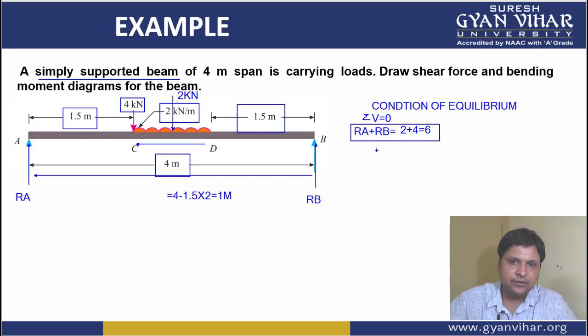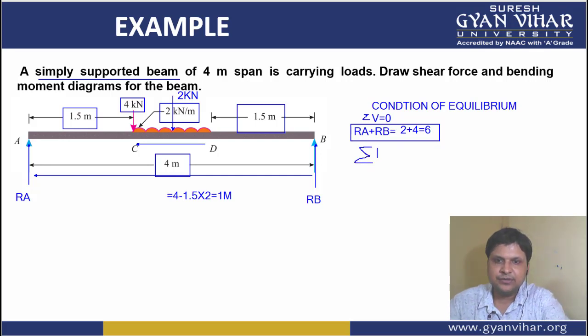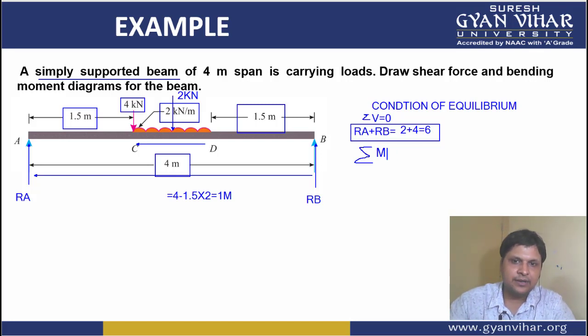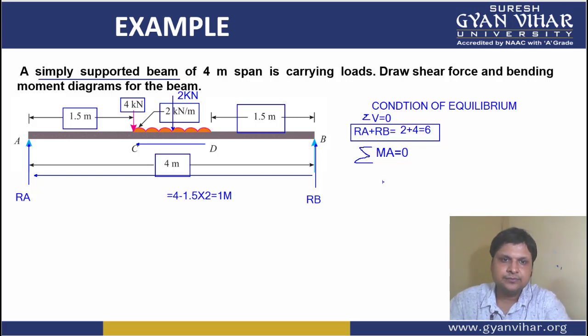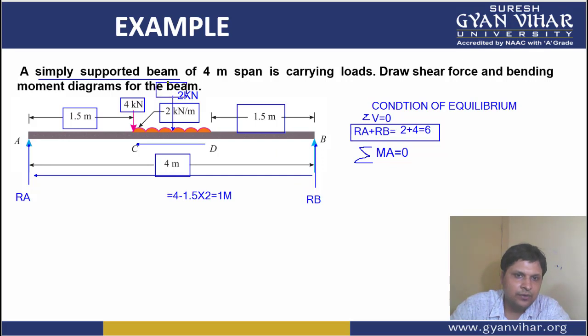Now from the second condition of equilibrium, which says that summation of moment about any point, let's say the point is A, should also be equal to 0. So using this, what will be the moment if you are considering the clockwise moment? Clockwise moment you will get by these forces which are going downwards, 2 kilonewton and 4 kilonewton.